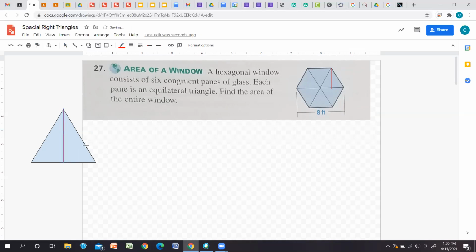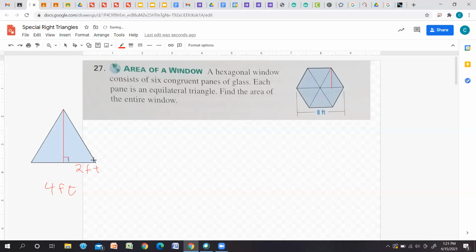Notice that makes a right triangle right here. So let's figure out, first of all, the base of this entire equilateral triangle. Well, 2 of them is 8 feet, so one of them is 4 feet. So then half of that would be 2 feet. So the height of this is 2. And this is our right triangle.